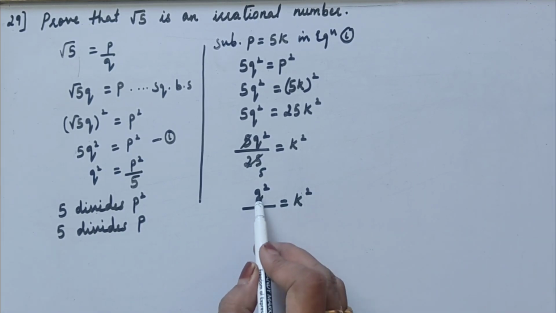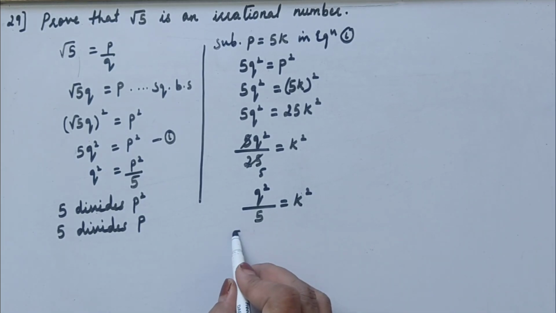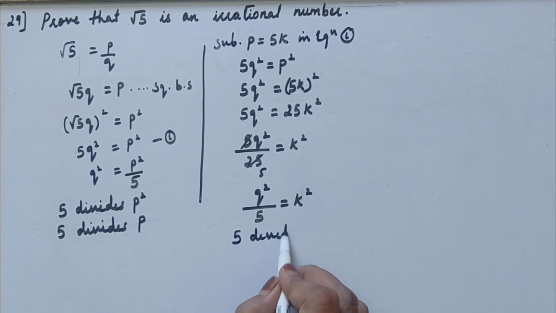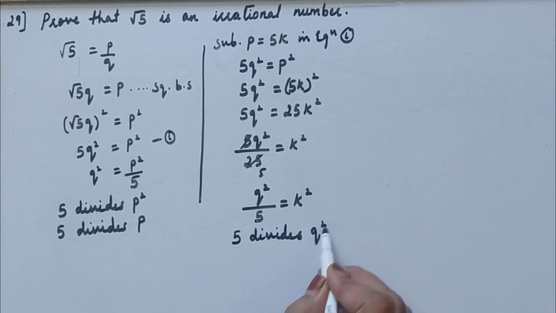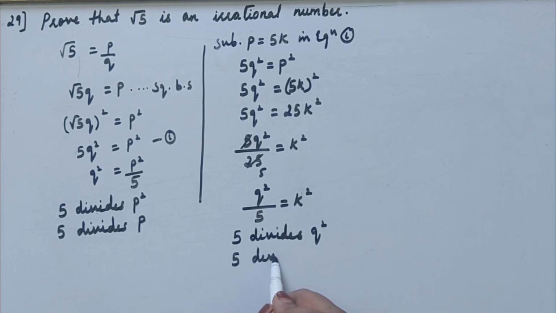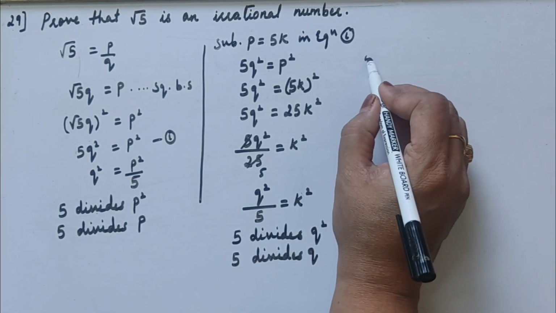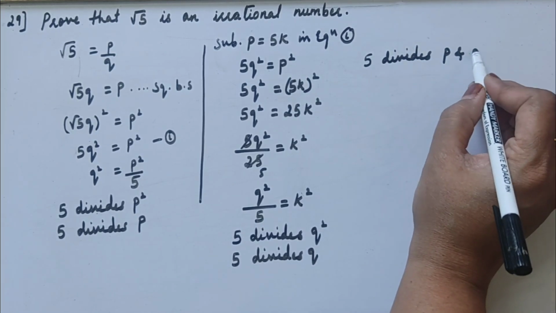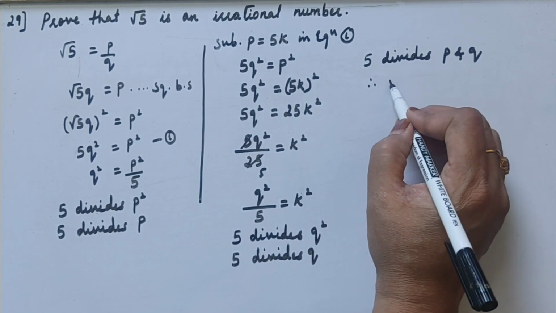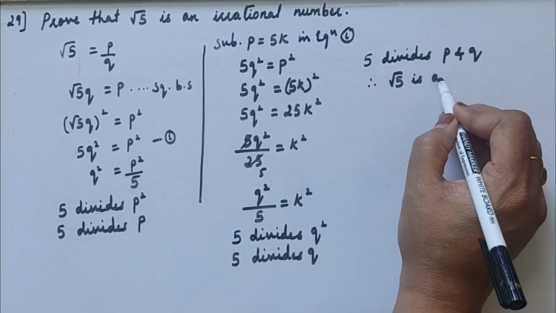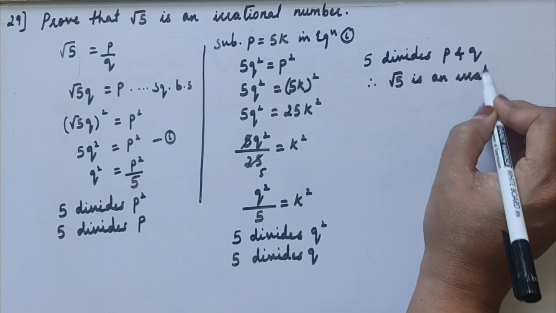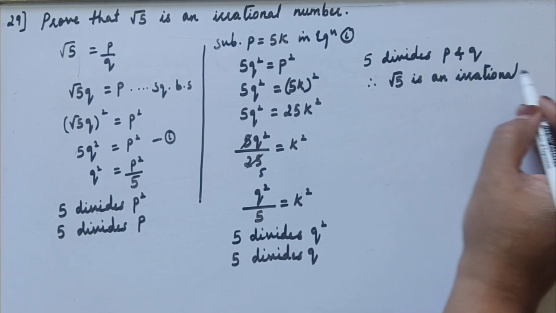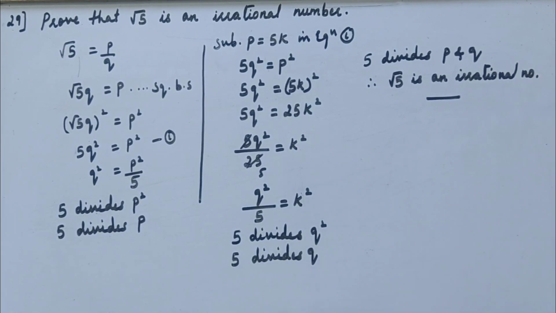Right? I can say 5 divides Q square, and even we can say 5 divides Q. Hope this is clear. And the final conclusion will be 5 divides P and Q. Therefore, root 5 is an irrational number. Hope this is clear to you all.